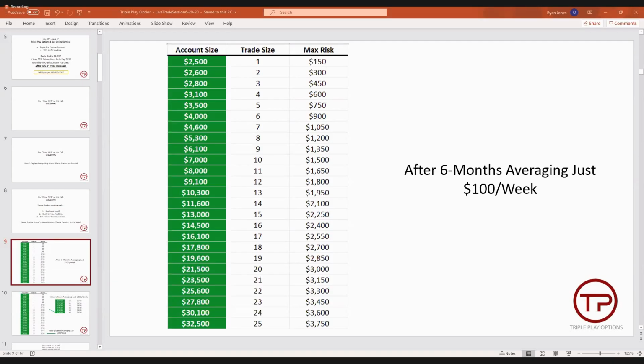Otherwise, it's just going to be a small profit. If the market stays right here where it's at, it's just going to be a small profit on Thursday if we don't add anything to it or whatnot.